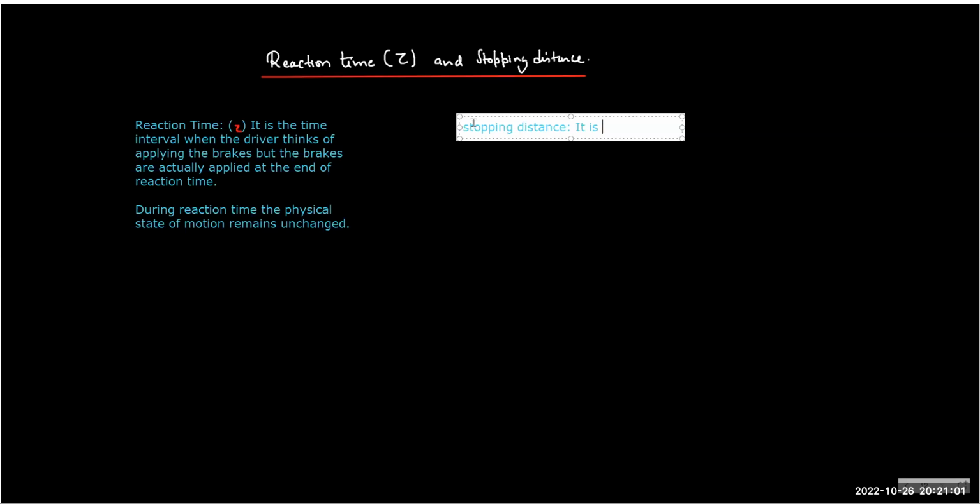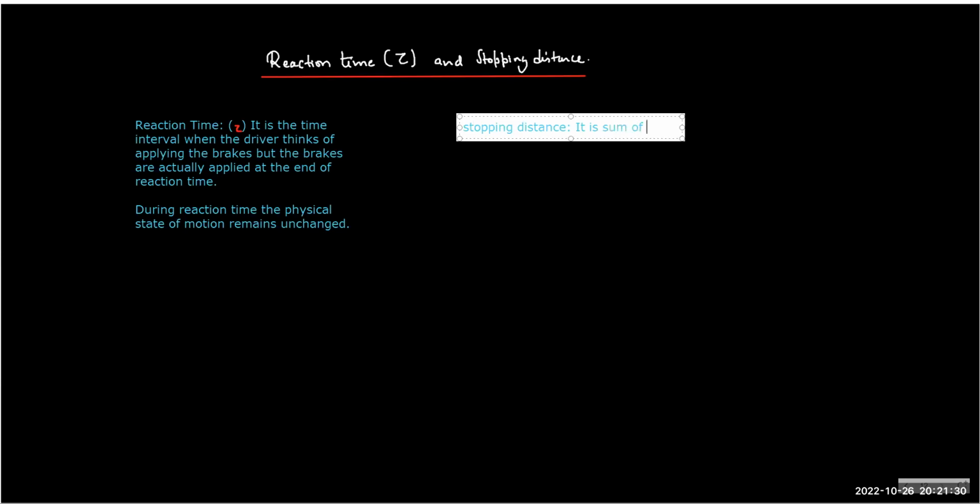Yes, sir. So what is stopping distance? How to define it? Sir, it is the distance traveled by the body during the reaction time, and it is the sum of displacement during the reaction time and braking distance. Okay. Yes, sir.